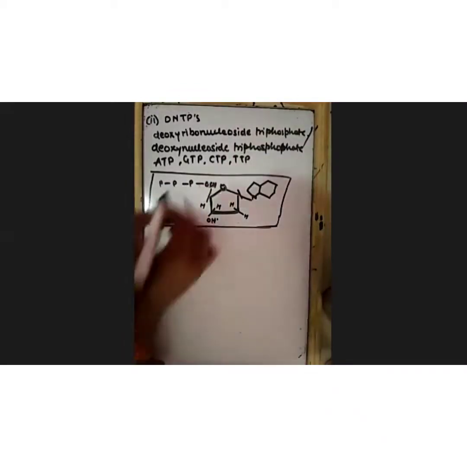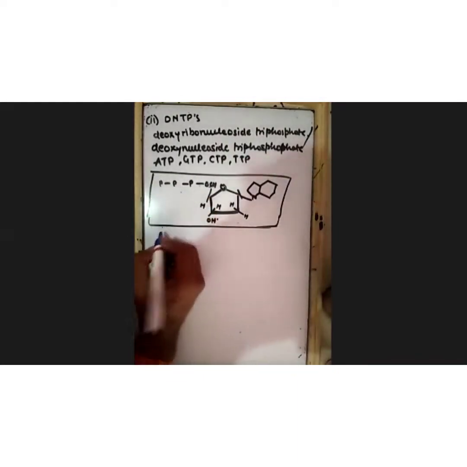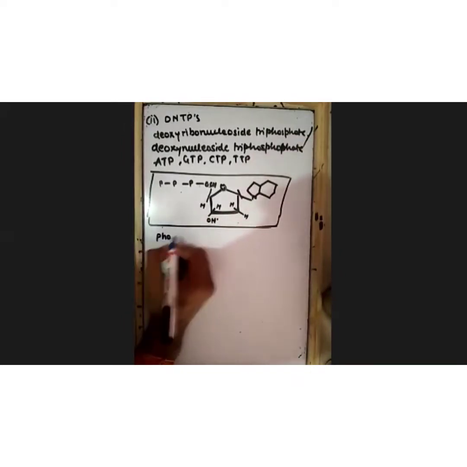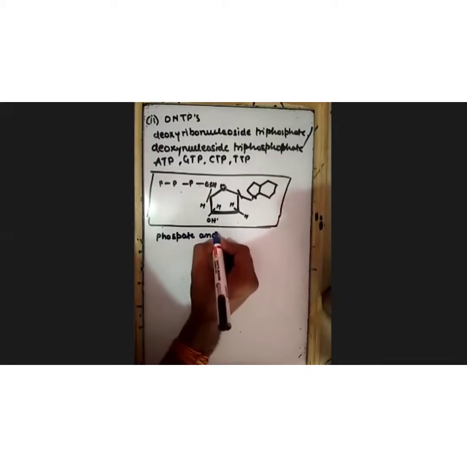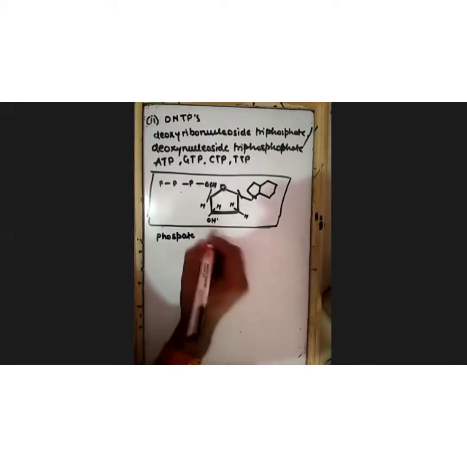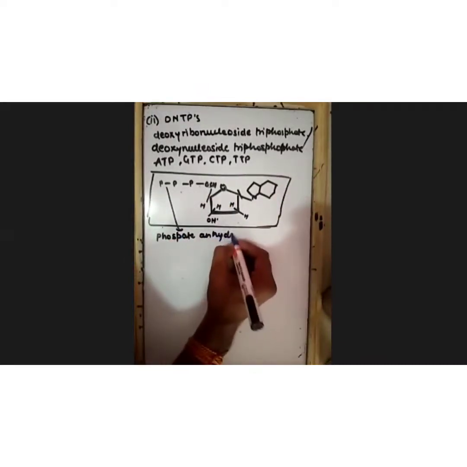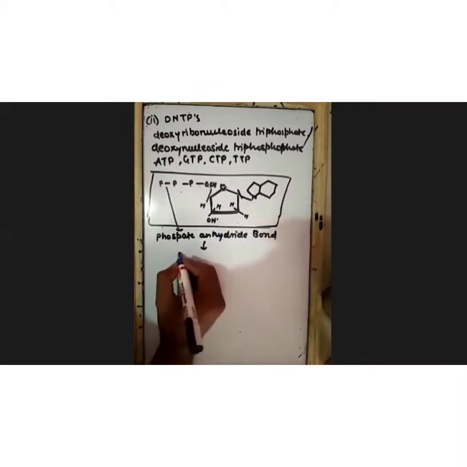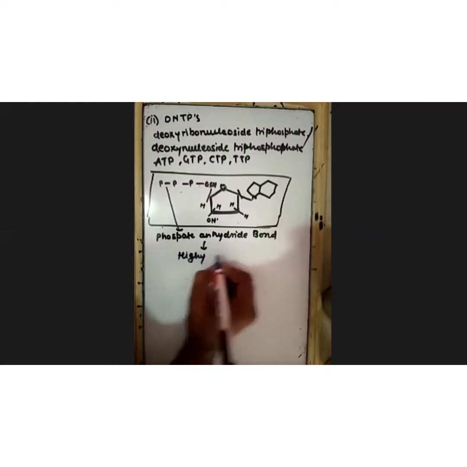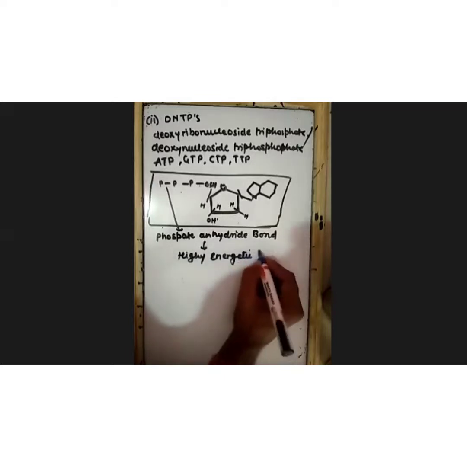You can see there are two bonds, two phosphates extra from the nucleotide. These bonds are known as phosphate anhydride bonds, and they are highly energetic bonds.